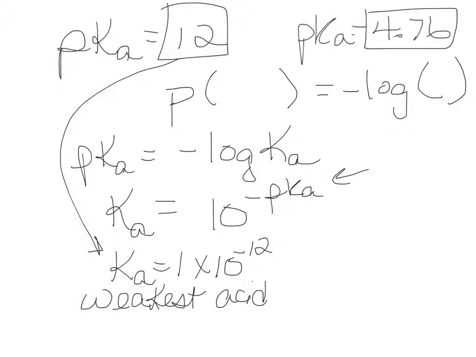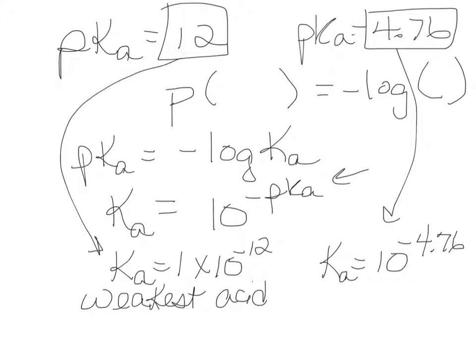Okay, means not very much of it dissociates at all. pKa of 4.76 means that that Ka would be 10 to the minus 4.76, and that comes out to be 1.74 times 10 to the minus 5.